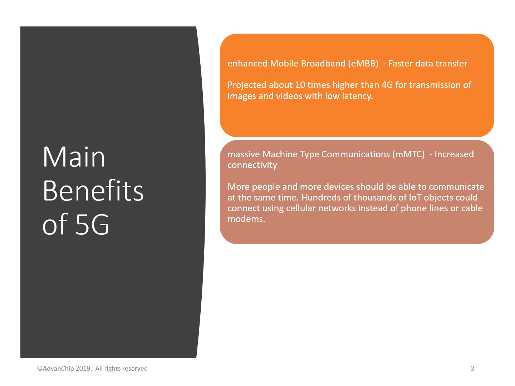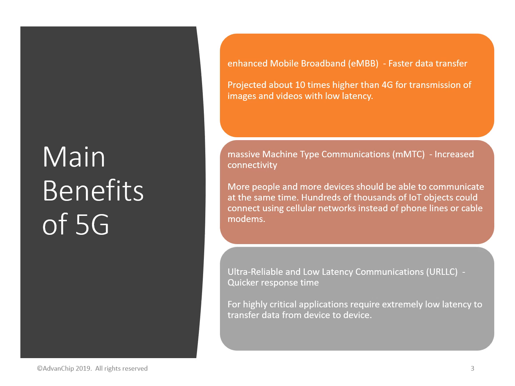Reliability and safety in the transmission is important. Massive machine-type communication: increased connectivity, that means more people and more devices should be able to communicate at the same time. Hundreds of thousands of Internet of Things objects could connect using cellular network for sensing, metering, and monitoring use cases.